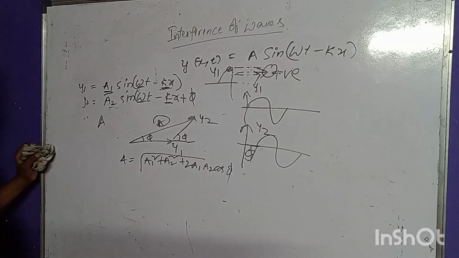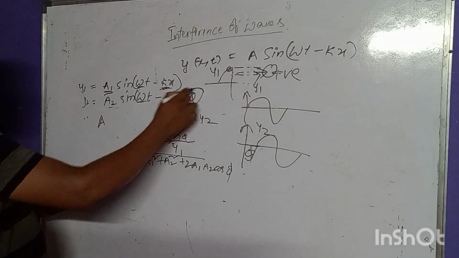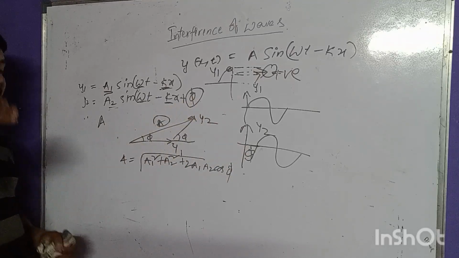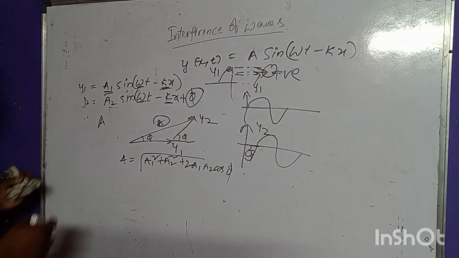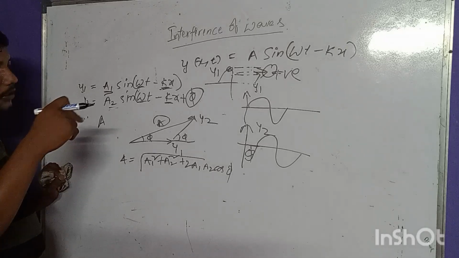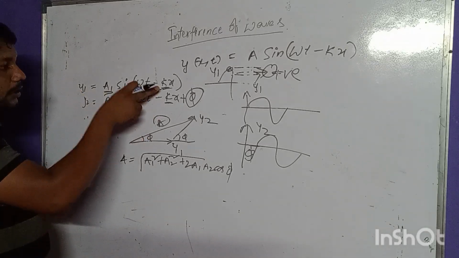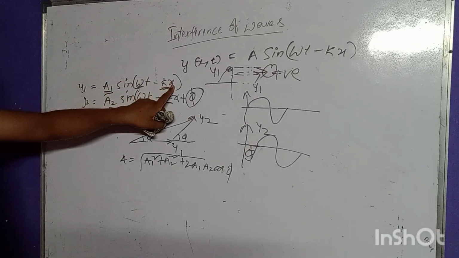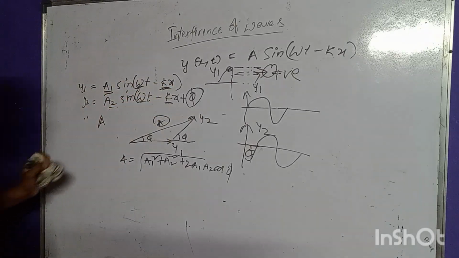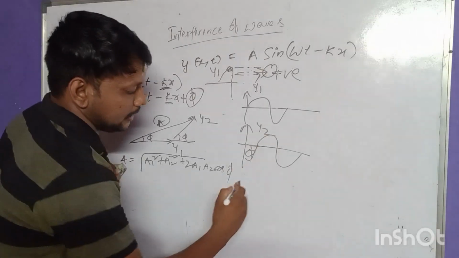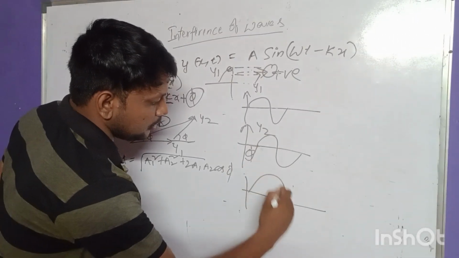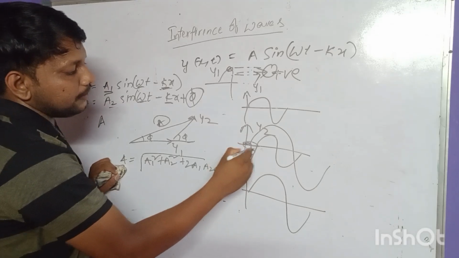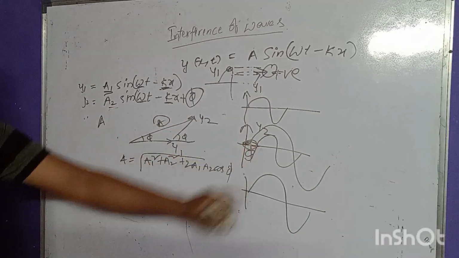We get net amplitude, but after adding two waves, what is the resultant phase? That resultant wave in phase with y2 or in phase with y1? No, in between y1 and y2. That means resultant of these two waves starts between y1 and y2.